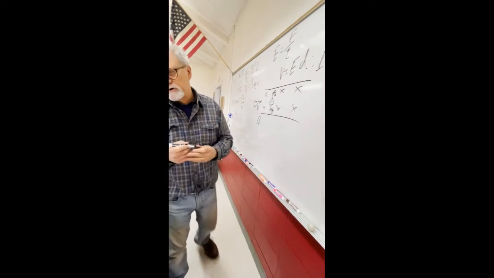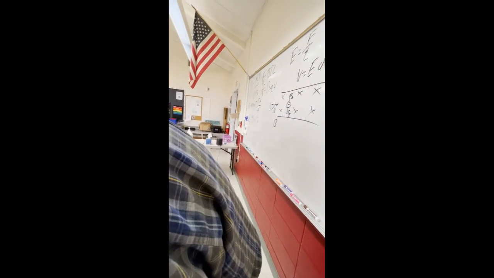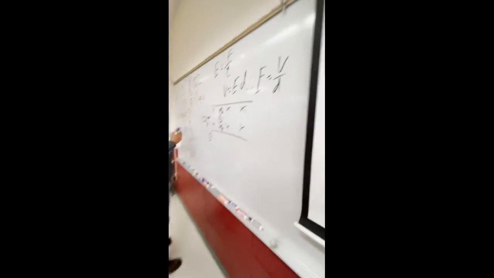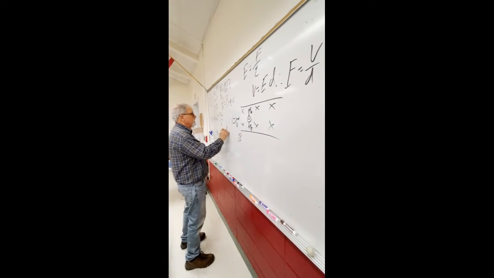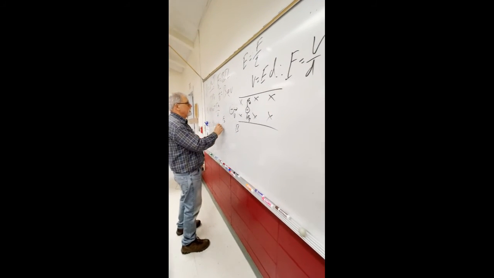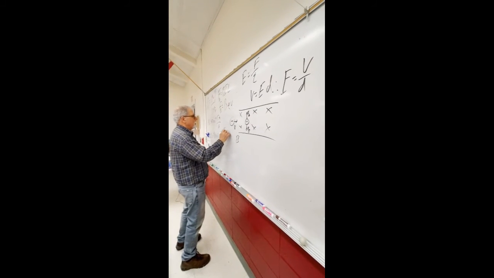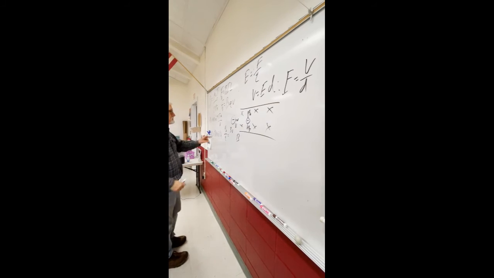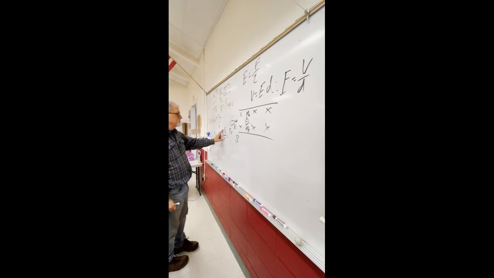Do we know the quantity of charge on it? Well, it's an electron, so it's negative, but we do not have the amount of charge on it. All right, so what we can do is use the ratio between the force and the charge.